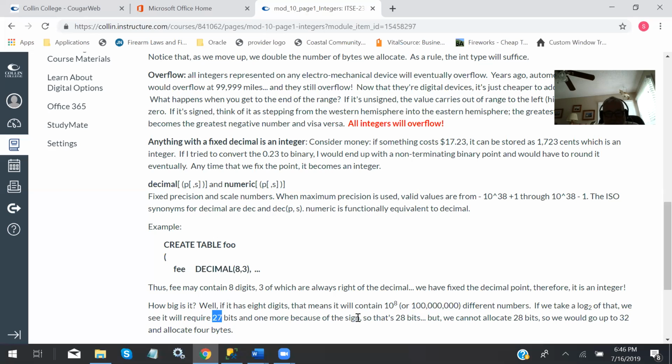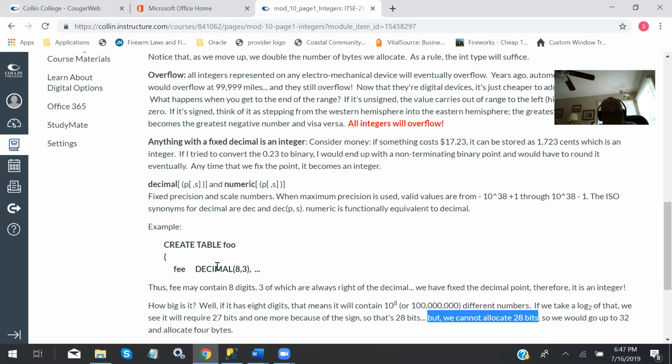Add 1 more because it's got to have a sign on it. So that's 28 bits that this guy's going to require. And then I point out, I can't allocate 28 bits. That's 3.5 bytes. I can't allocate 3.5 bytes. That's silly. So what I would do, I would allocate 4 bytes to that number. And 4 bytes is just real common. That's a pretty good sized number, but hey, it's not big by computer standards.